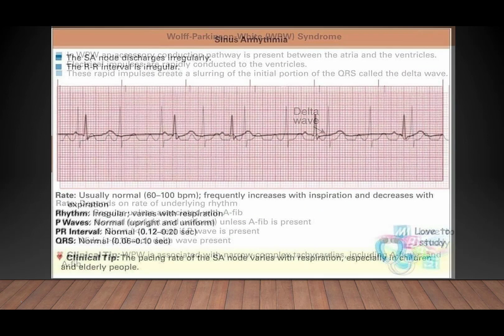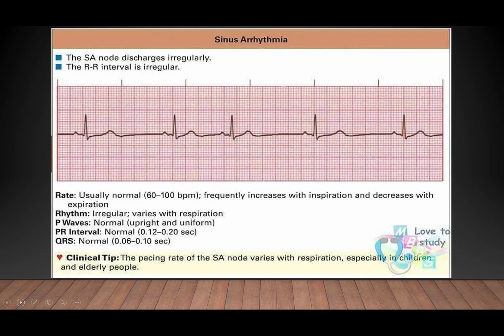Here we have sinus arrhythmia. The SA node, sinoatrial node, discharges irregularly, and the RR interval is irregular. If you look at this one, this R to R is not equal to the next R to R interval.